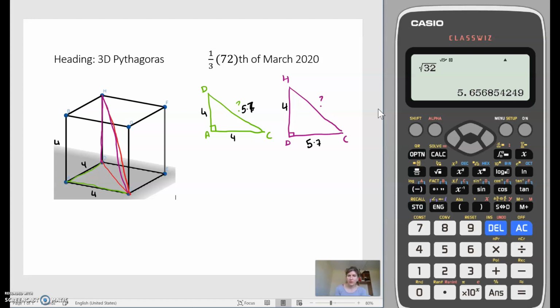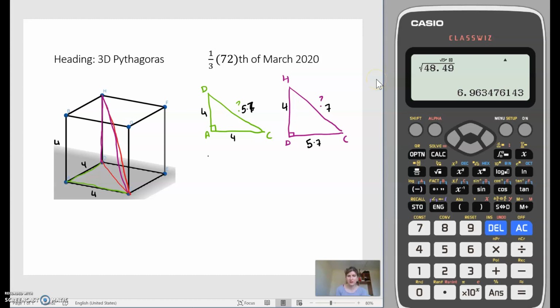So we have 5.7 squared plus 4 squared equals 48.49, and the square root of 48.49 is equal to 6.96, so we'll say 7. That means that length there, H to C, is 7.